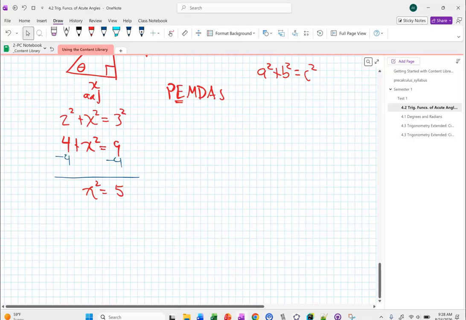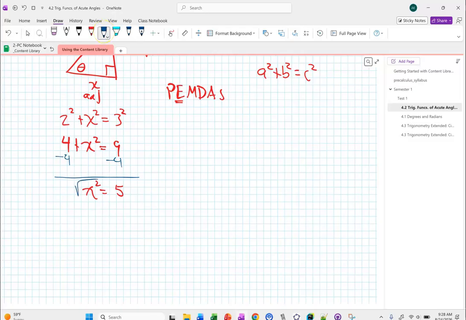What happens next? What do we do next? Yes, sir. Square root both sides. When we square root both sides of an equation, what do we have to make sure we include? Yes, the plus or minus. But remember, what is x really? What is this x we're solving for? It's not just a variable x, it represents something. A length.